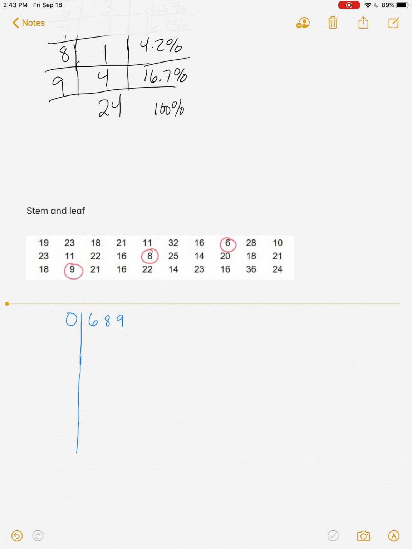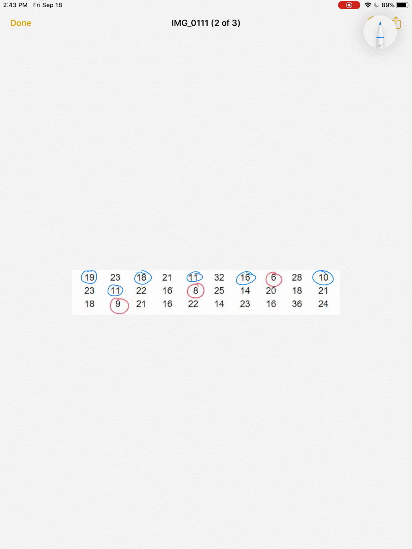Let's go in again and take a look at what's in the tens area. Let me see if it will let me change the color. It will. Let's go blue here. 19, 18, 11, 16, 10, 11, 16, 14, 18, 18, 16, 16, oh, missed one, 14.